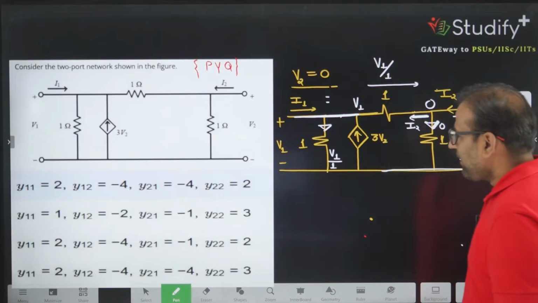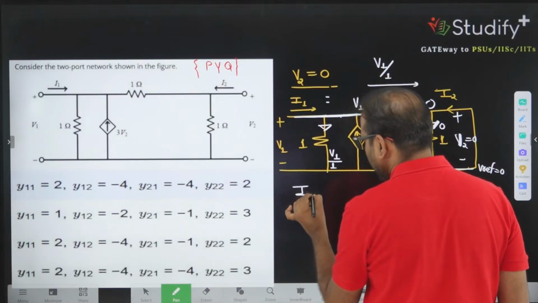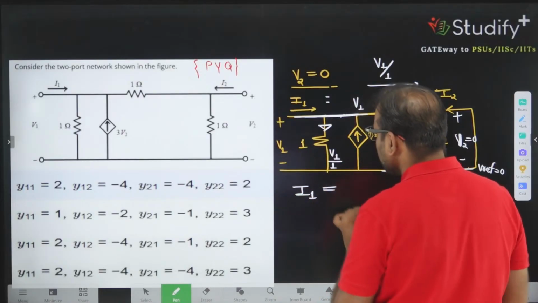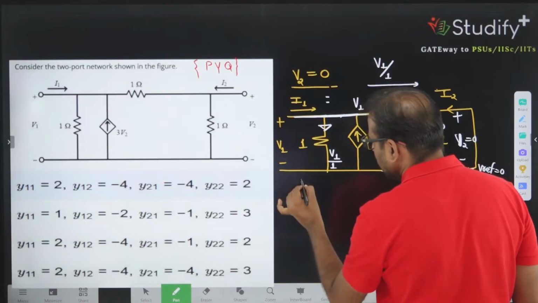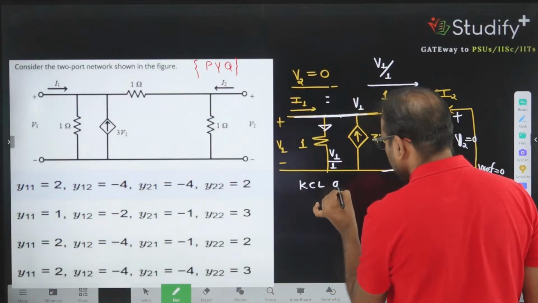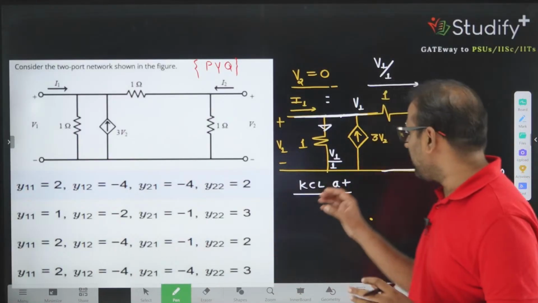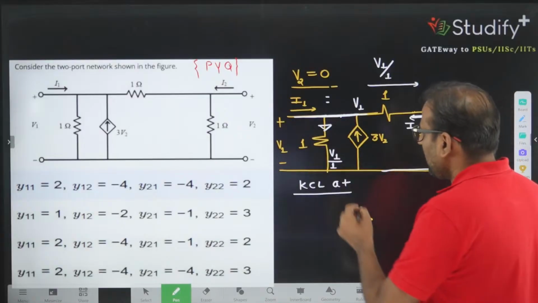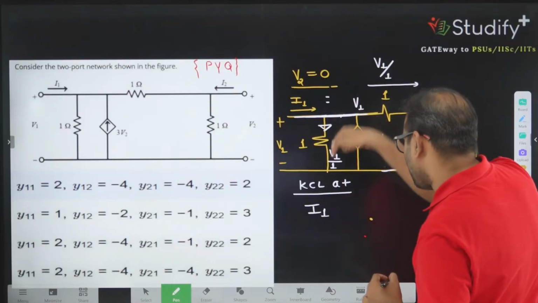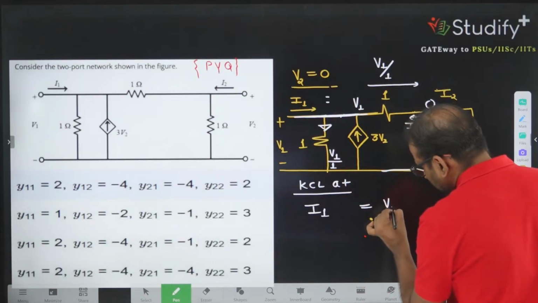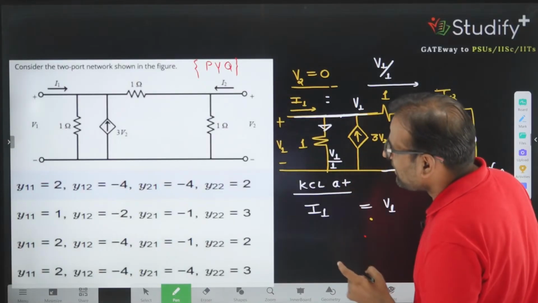So can I say the value of I1, if I apply a KCL at this node? Only this analysis will give you the answer. Nothing else is required. Can I say incoming current is I1? So I will write I1 here. What is the outgoing current? The outgoing current is V1, so I am writing V1 here. This value is 3V2.